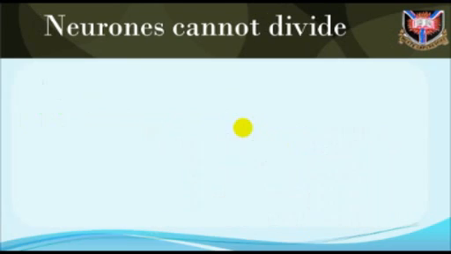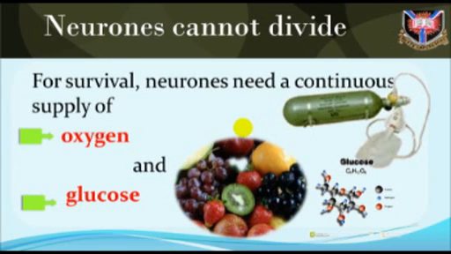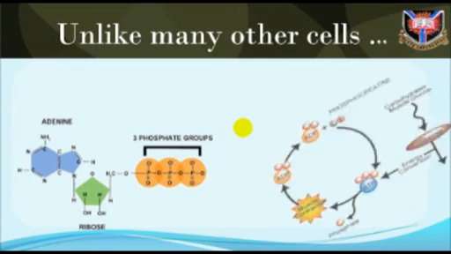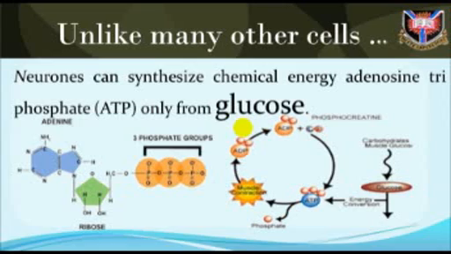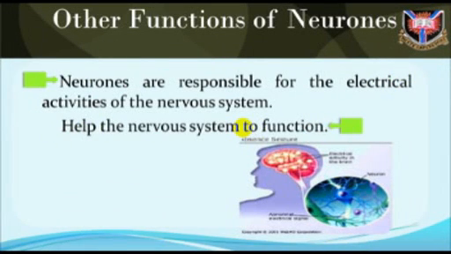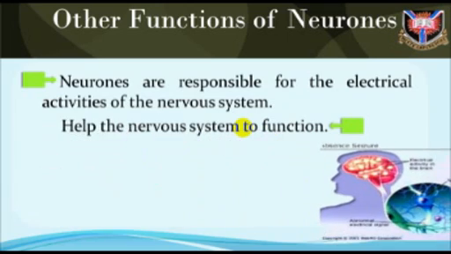For survival, neurons need a continuous supply of oxygen and glucose. Unlike many other cells, neurons can synthesize chemical energy, adenosine triphosphate (ATP), only from glucose. Neurons are responsible for the electrical activities of the nervous system.